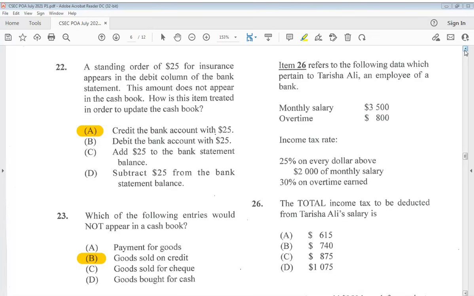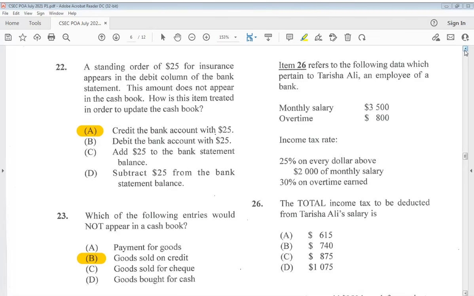They ask us, the total income tax to be deducted from Tarisha Ali's salary is, so what do we do? All right, the monthly salary is $3,500. In our bit of information, $2,000 of monthly salary. So we deduct that $2,000 from that $3,500, and then we find 25% of that.